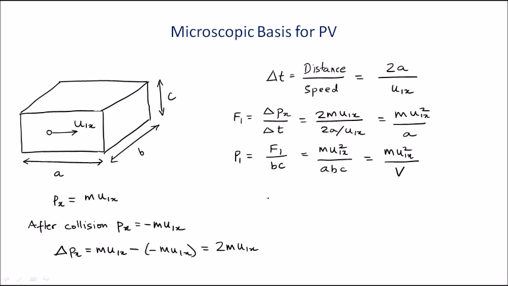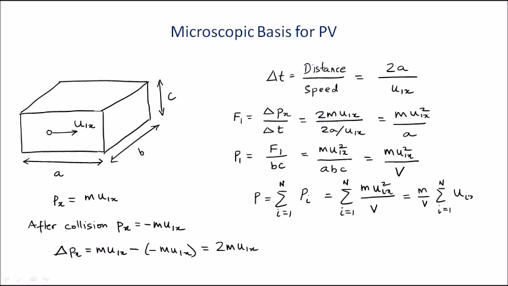The total pressure on the right wall due to all n particles is P equal to the sum over all particles i from 1 to n of Pi, which is the sum over i of m uix squared divided by V. We can take the m by V outside the summation, so we get m by V times the sum over i of uix squared.